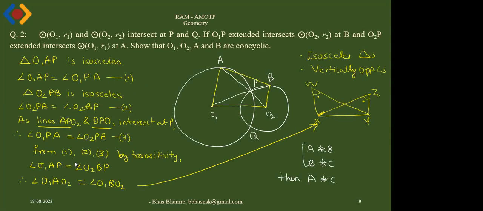How do we show that it's still cyclic or not cyclic if I use O2Q instead of O2P?